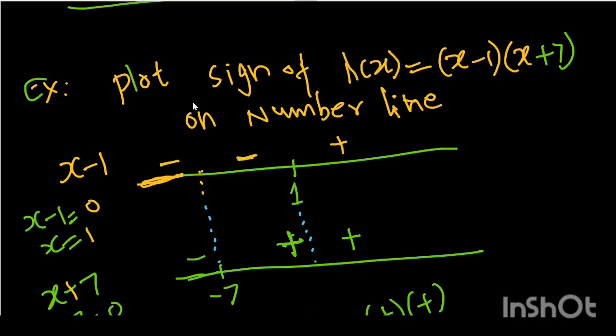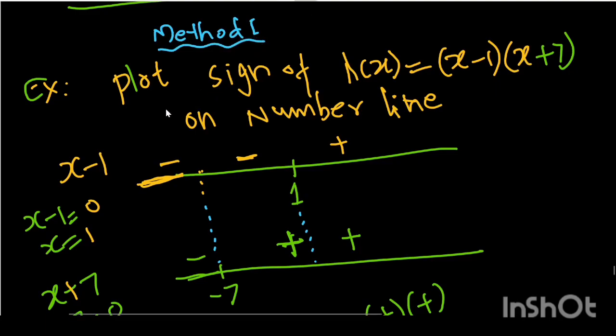So guys, the method one that we did, let's get a quick recap of how we derived it. So first, suppose a quadratic polynomial (x minus 1)(x plus 7) is given, so first we will plot it on the number line, guys.